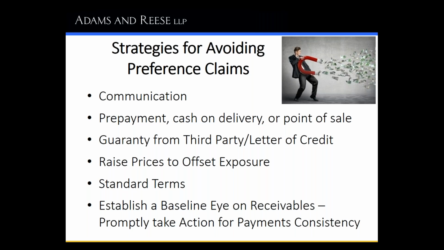What sort of collection efforts were you making? You might want to consider, for example, with a trade debtor that you think may file bankruptcy, avoiding any written evidence of coercion, so that at least when you're communicating with them, it's oral. And what sort of internal communication are you having about those collection efforts.